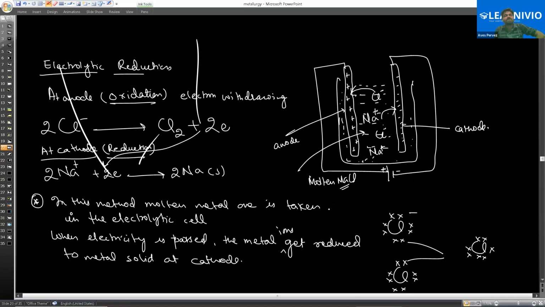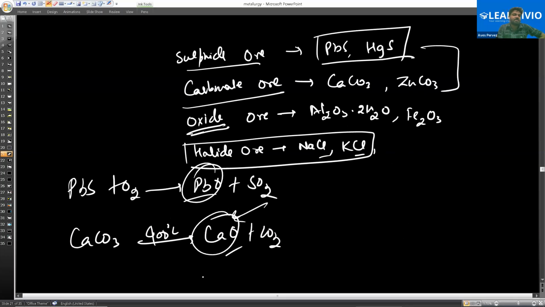Metal ions, addition of electrons is called reduction. So we use the word reduce, because sodium metal or any of the metals will get electrons. Receiving of electrons is reduction. They will get reduced to metal solid at the cathode. Understood? Because reduction always takes place at the cathode and oxidation takes place at the anode.